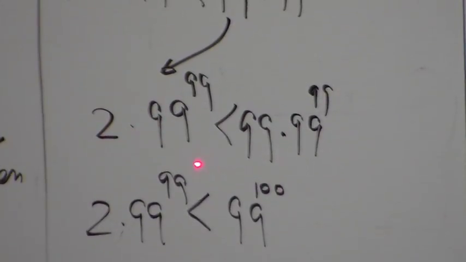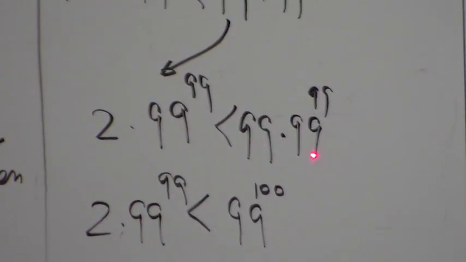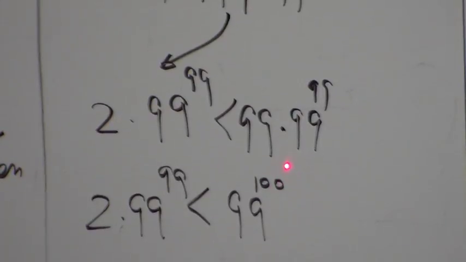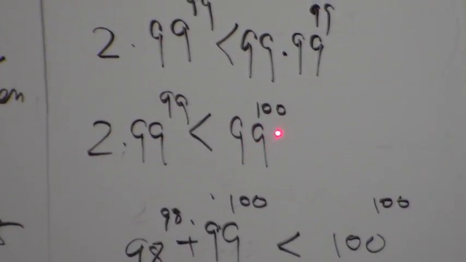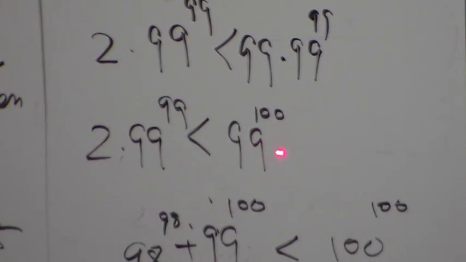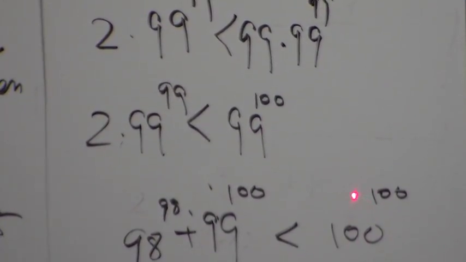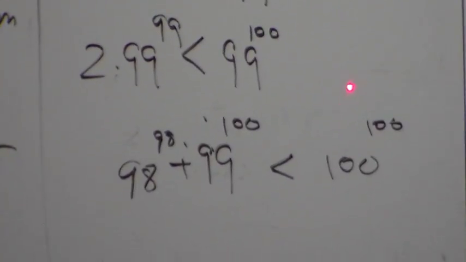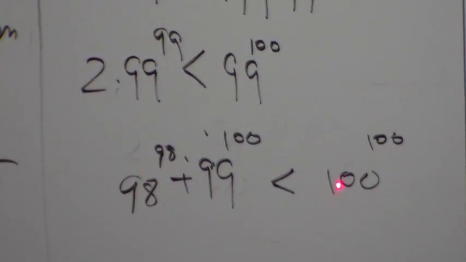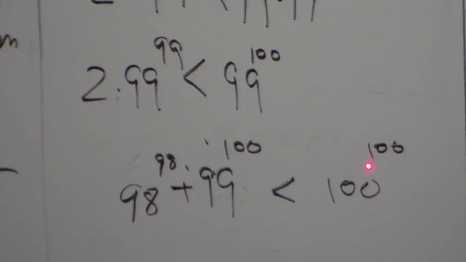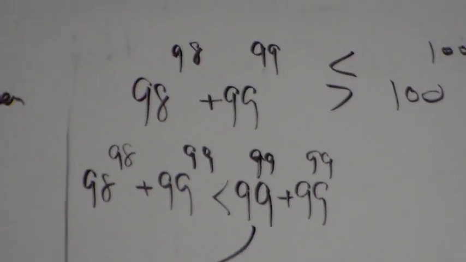This one is 99 to the 100th power, right? So this is going to be less than 100 to the 100th, right? Yes. So 98 to the 98th power plus 99 to the 99th power is less than 100 to the 100th power. That's a good trick.